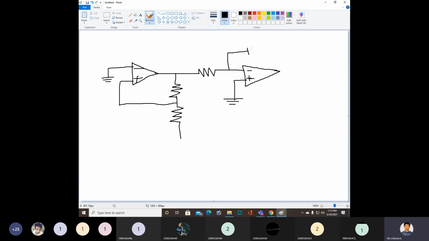Here we have a capacitor. We need to connect a capacitor here. We need to connect this to voltage divider. So this is the Schmitt trigger.